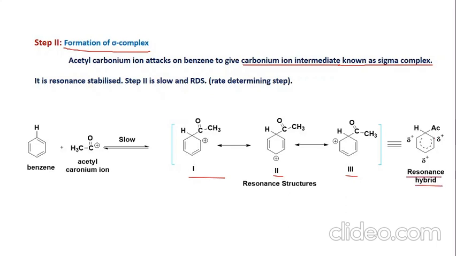All five carbons carry the positive charge, which revolves due to the resonating structures. We have seen in previous examples how the positive charge transfers from one carbon to another in the ring. This is how the sigma complex is formed.